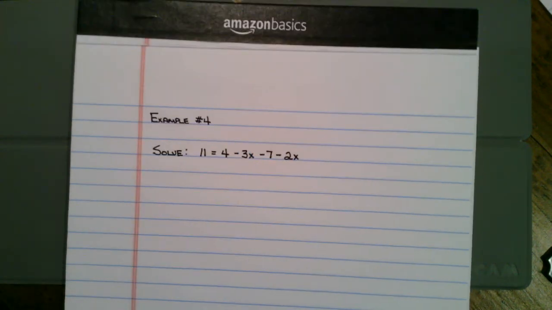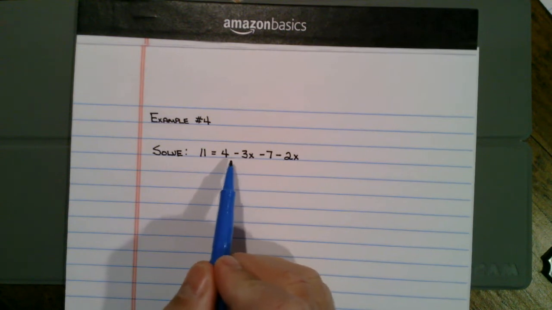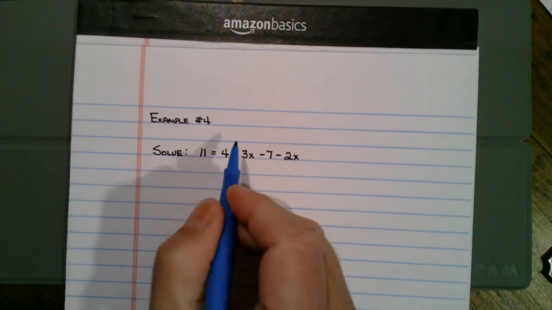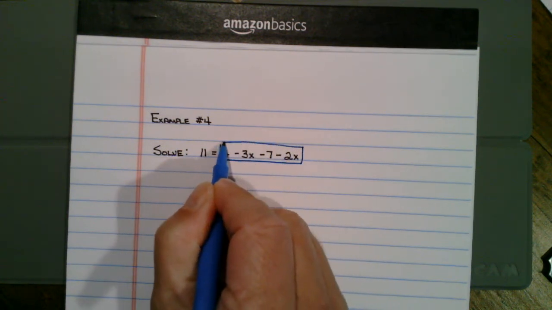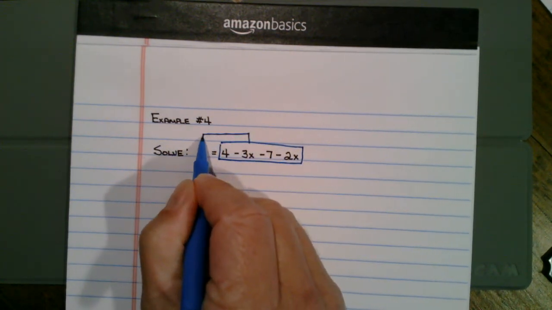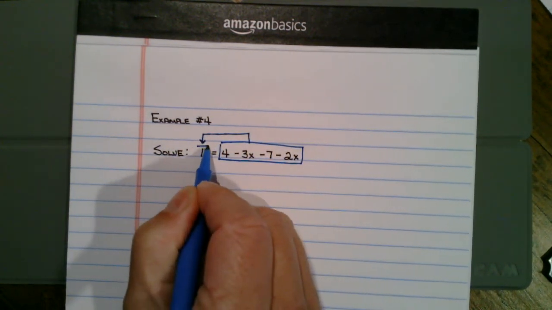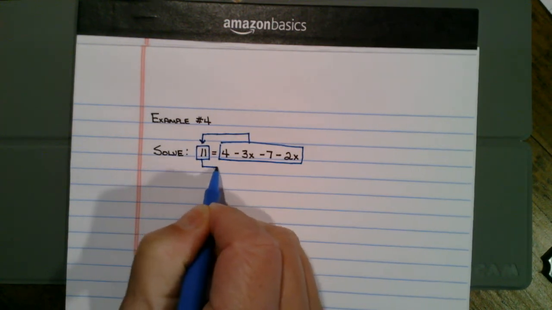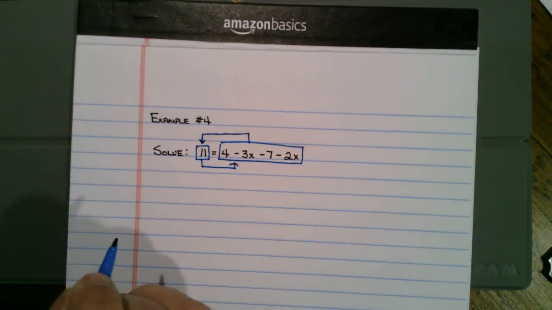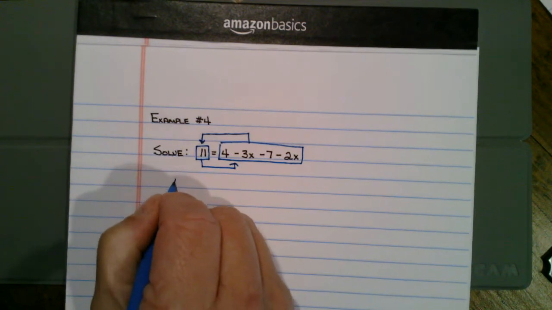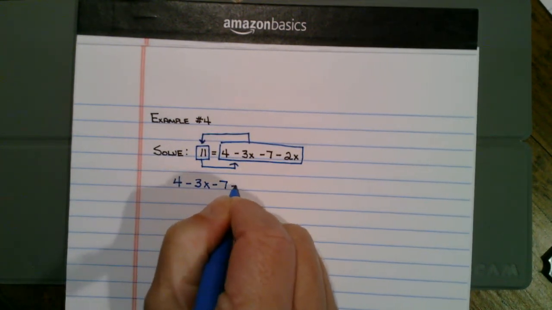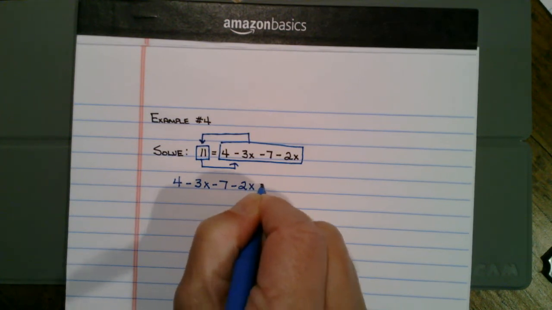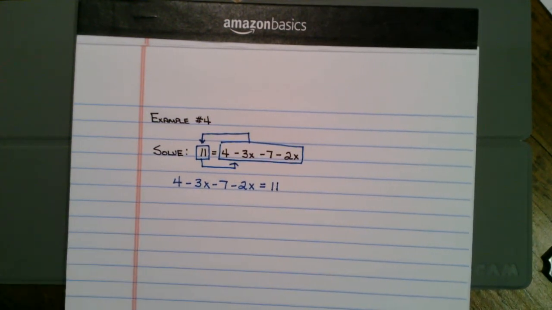Example number 4. Example number 4, again, the variables are not on the side that they're supposed to be on. That means I'm going to take everything on this side of the equal sign, rewrite it just the way it is over here on this side, take this 11 and move it to the other side. So let's see what that looks like when I do that. 4 minus 3x minus 7 minus 2x is now equal to 11.